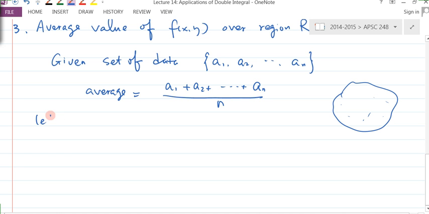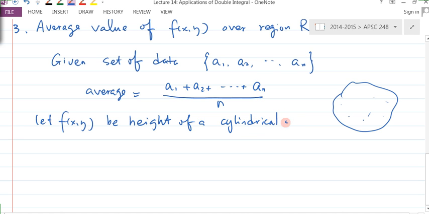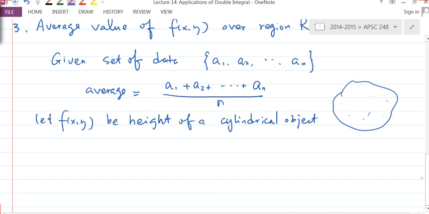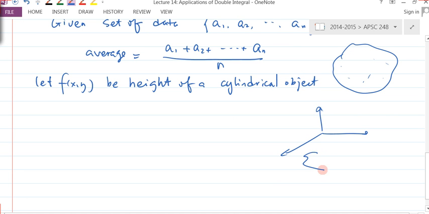Let's say I'm going to give this function f a specific meaning. I'll let it be the height of a sort of cylindrical object. So I'll draw something here. There is a region R, and there is a certain kind of cylindrical object, defined over this region R. There's a surface on the top of it.